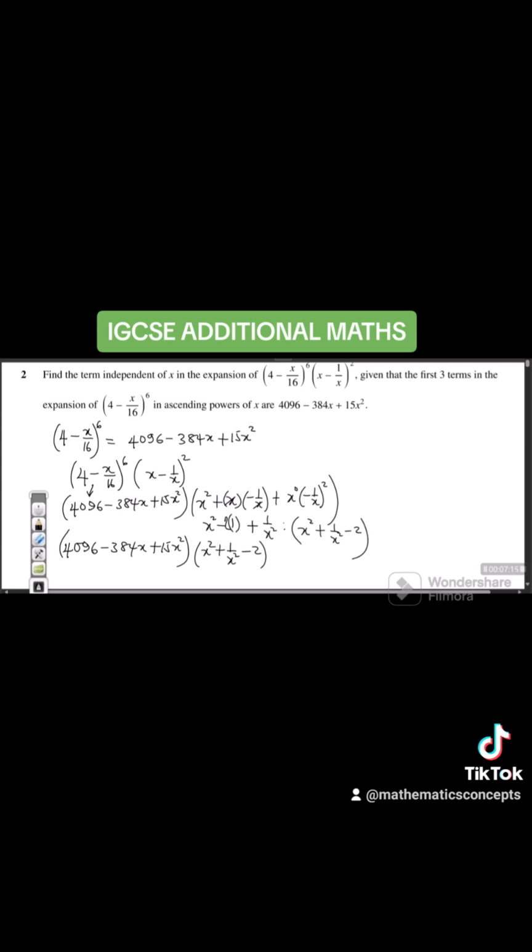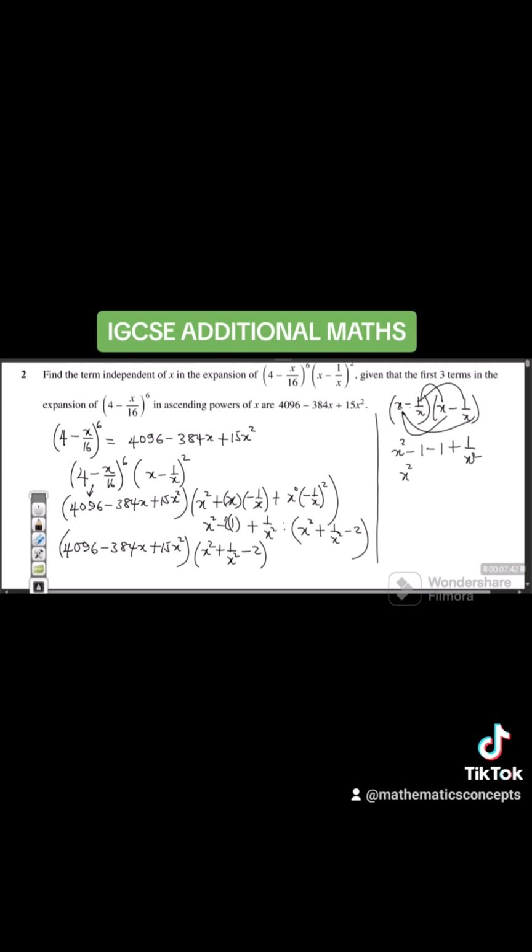For those of you who might not understand how I came about this expansion, you can do your normal expansion, which is still the same thing as x minus 1 over x multiplied by x minus 1 over x. This goes for this, it goes for this, while this goes for this, and it goes for this. So x times x is x squared, minus x times 1 over x is 1, minus 1 over x times x is 1, then minus times minus is plus 1 over x squared.